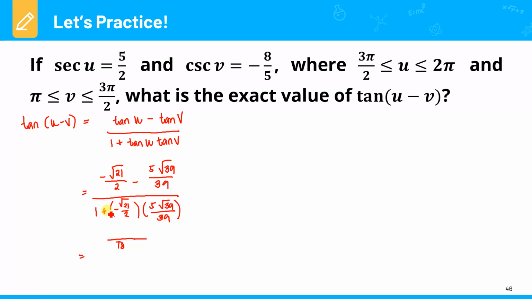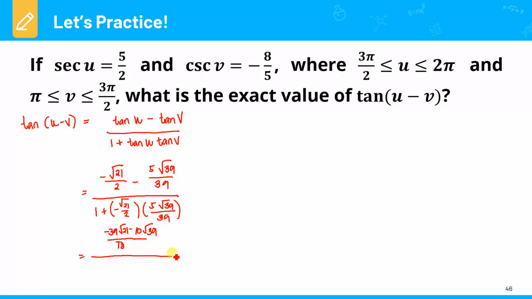So you have negative 39 square root of 21 minus 78. 78 divided by 39 is 2 times 5, that's equal to 10 square root of 39.